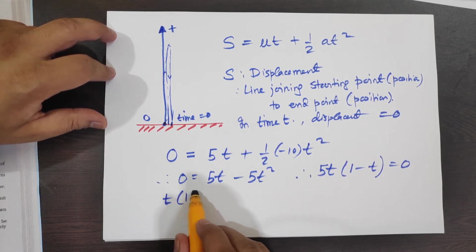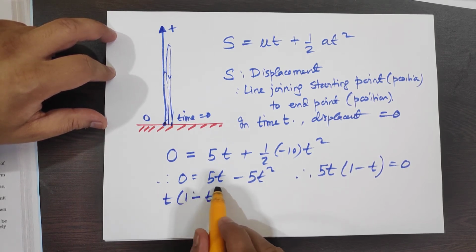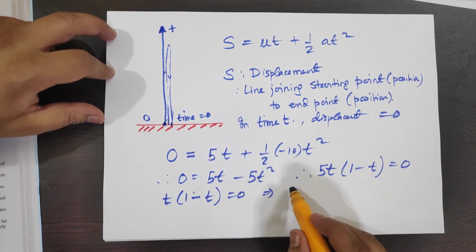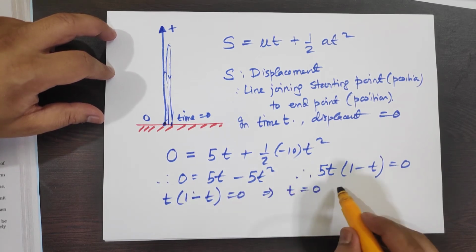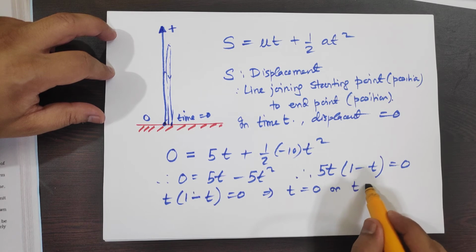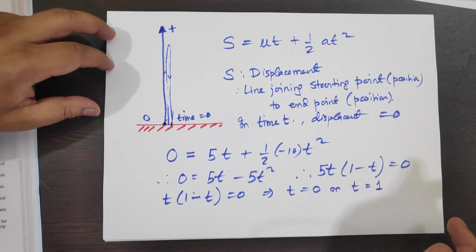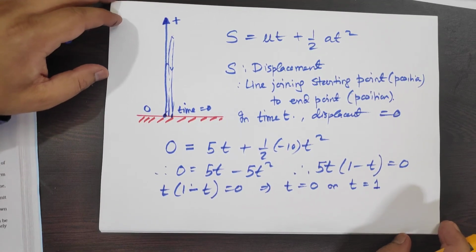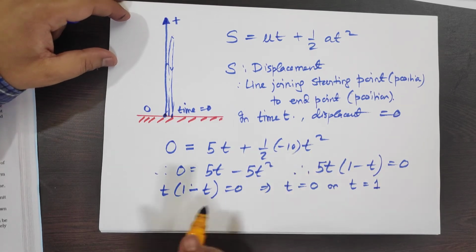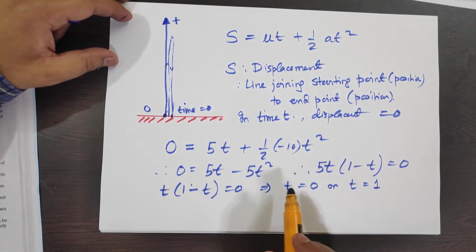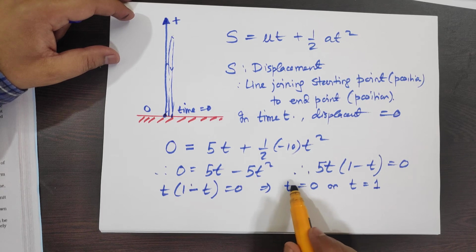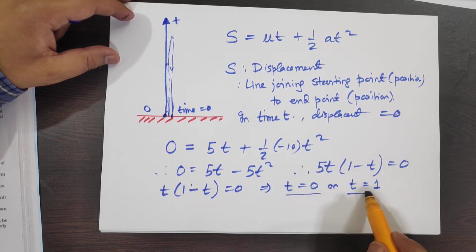So 5t into 1 minus t equal to 0 implies you have two solutions, t equal to 0 or t equal to 1. I hope you know these roots, right? t has two roots, two values, 0 and 1.